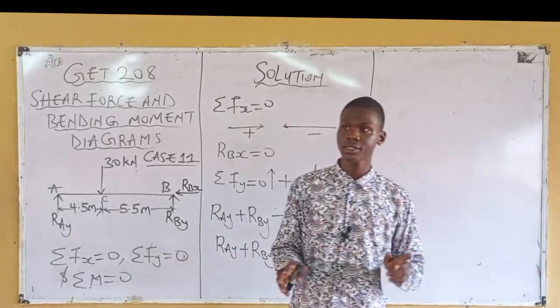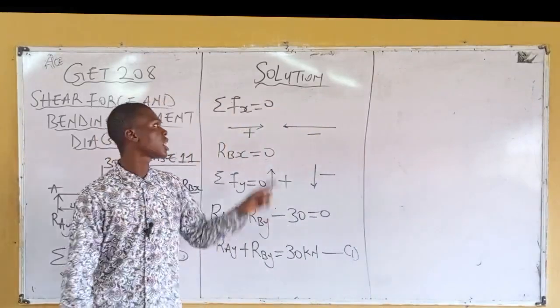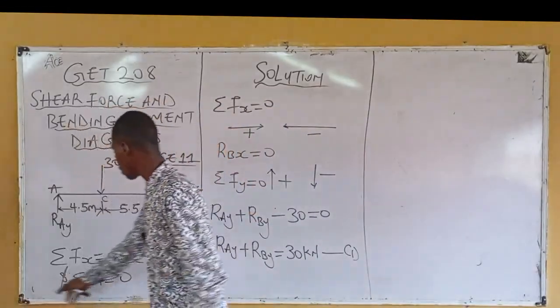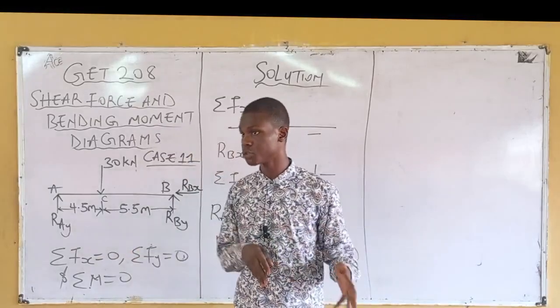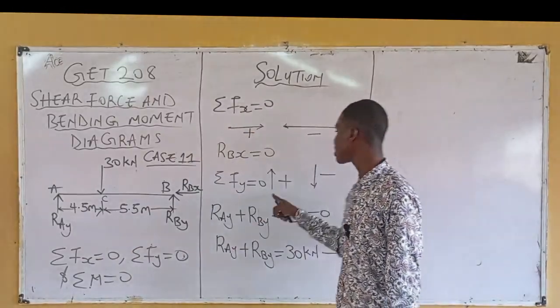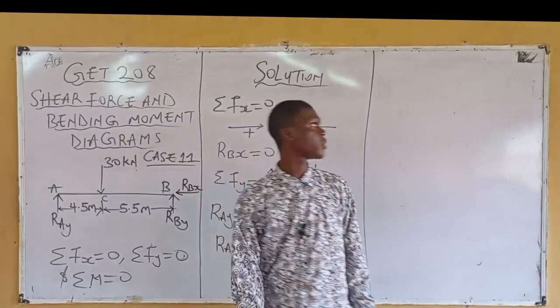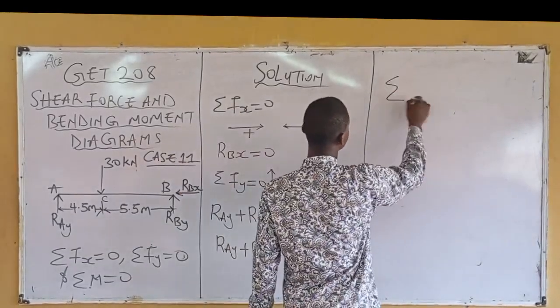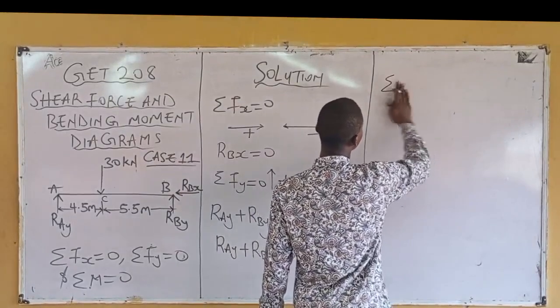Any question on that? Now, with that being said, when considering each equation of equilibrium, each of them has a sign convention. For the first one, this is the sign convention. For the second one, this is the sign convention. Now, what is the sign convention for summation of moment about any point?